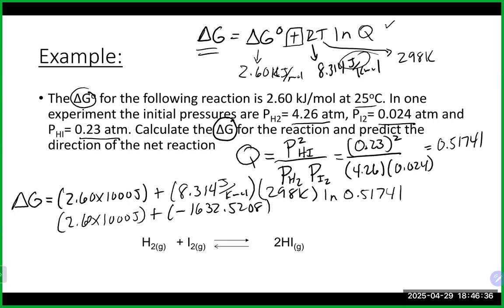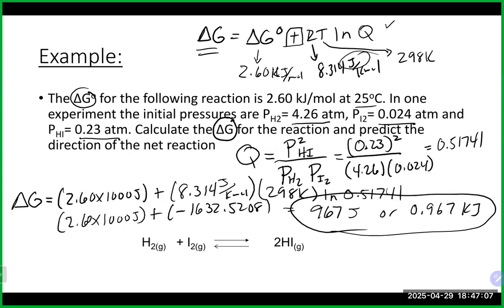So 2.6 times 1,000, and we're going to add it to what we had there. That is going to be, I think, a delta G here of 967 joules in my case, or 0.967 kilojoules, if you want.